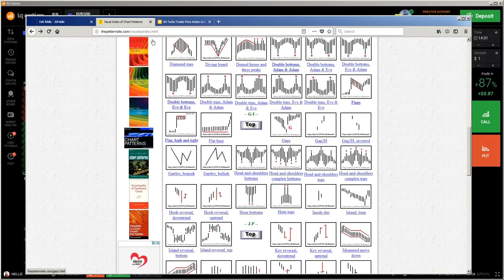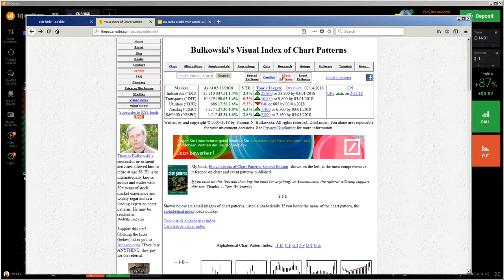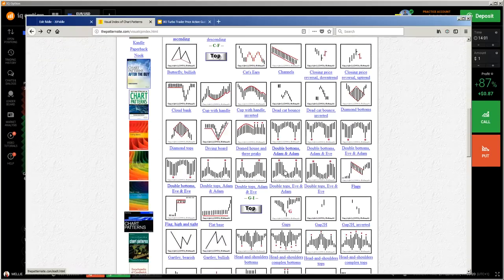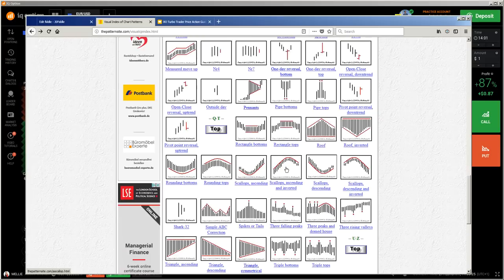Go through this, it's a pattern site, the visual chart pattern index, the CP index. You can also click above on chart patterns, and then you can go through this visual index and study them on your own.